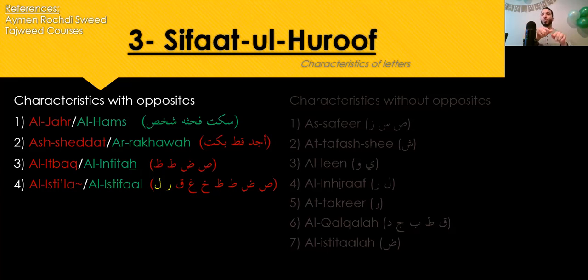This characteristic differentiates between them on how long you spend on the sukoon for every letter. On the letters that are red, the ajid qattin bakat, you spend very little time because they're very shadid. They don't allow the sound to keep going. So you spend little time.